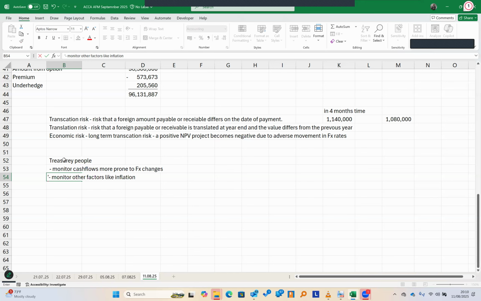Now, remember, things that affect the FX rate can be got from the interest rate parity and purchasing power parity, whereby things like tax and those other things, taxation, okay, interest rates, they can monitor those. Then they determine which ones to hedge, okay.